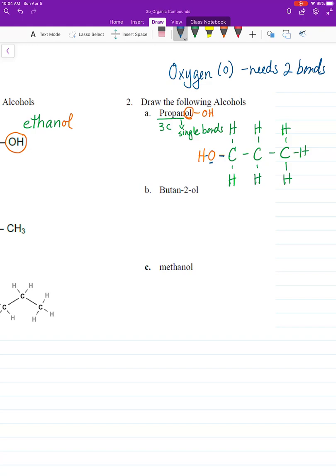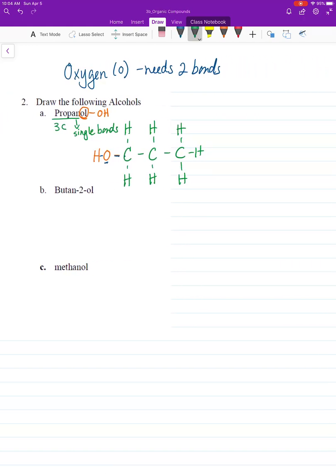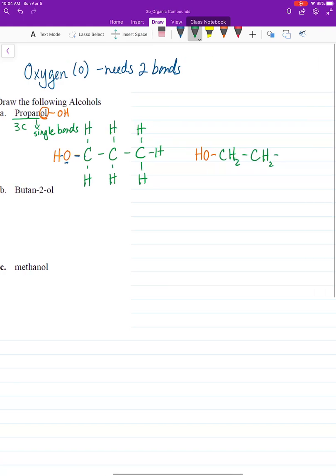Okay, so again, you can also do a condensed structural formula if you want to, and we would write it like this. So we'd keep the OH, the hydroxyl group, on its own, and then we could say on this carbon there are 2 hydrogens, on the second carbon there are 2 hydrogens, and on the third carbon there are 3 hydrogens.